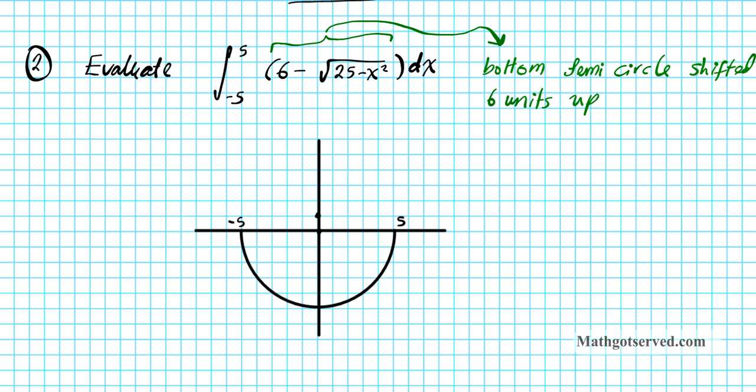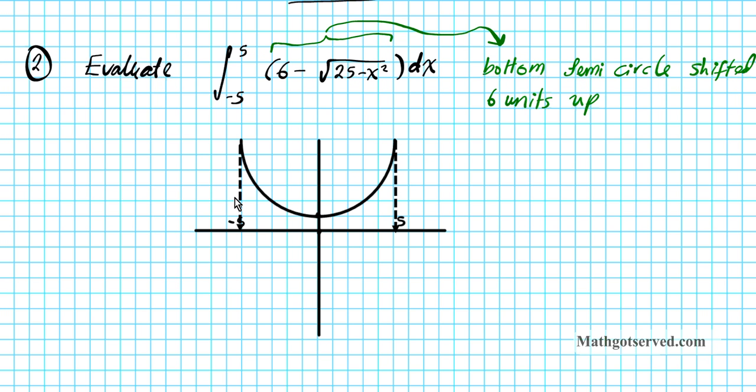We're going to shift this entire semicircle 6 units up. So let's go ahead and do that. Shift it up like this. So what we're looking for now, this is the resulting function, is the area underneath this curve, between this function right here and the x-axis.